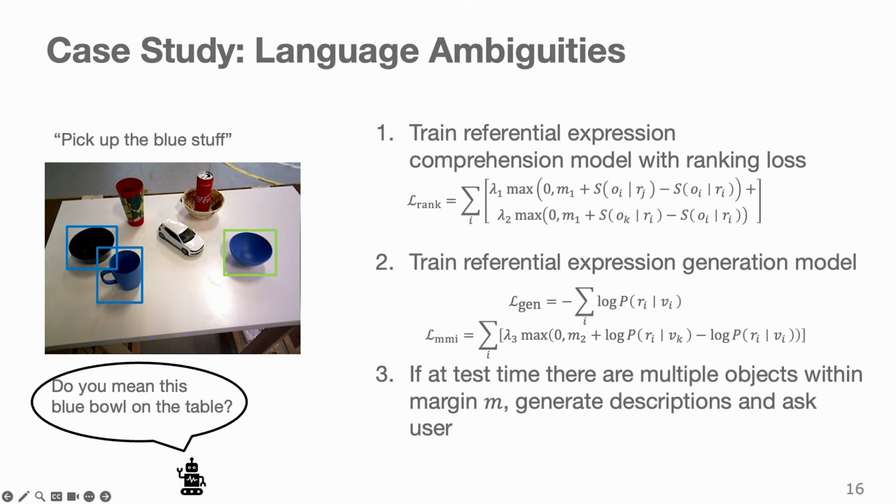At test time, if you have more objects within the threshold, you can consider them potential targets. Beyond a comprehension model, you can also have a generative model or a head that is able to caption and generate referential expressions for these different candidates. Once we detect that there are several potential yellow objects it could apply to, we generate referential expressions for each of them and ask the human about it.